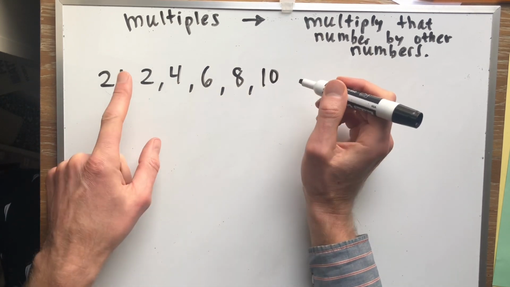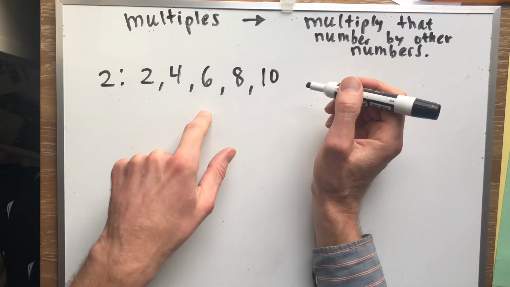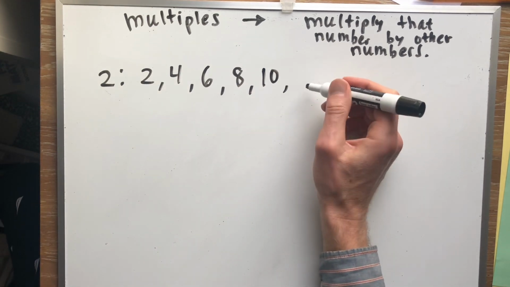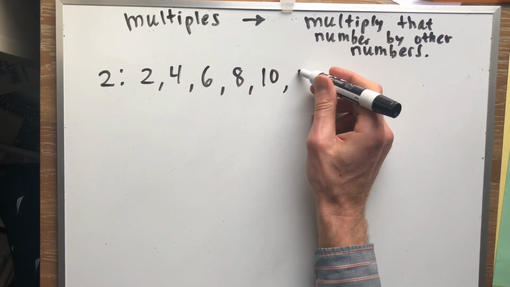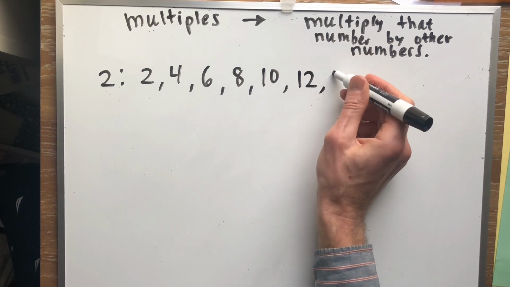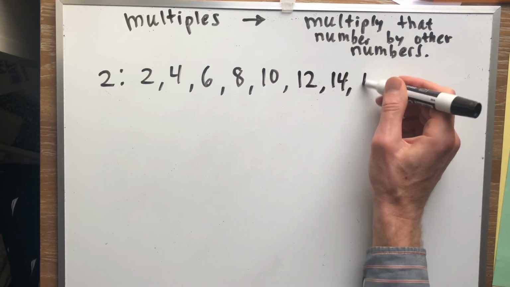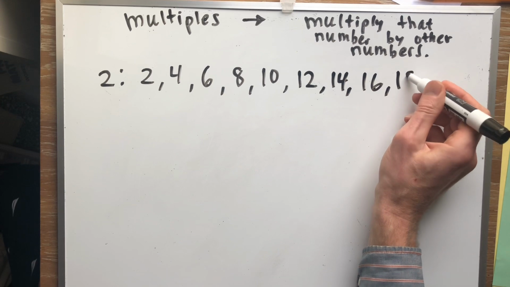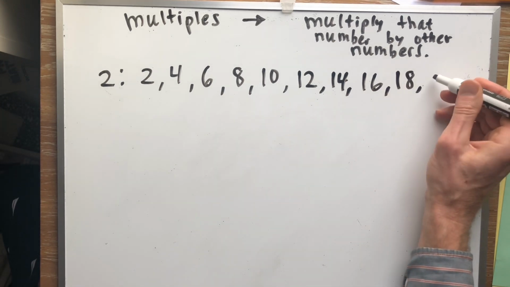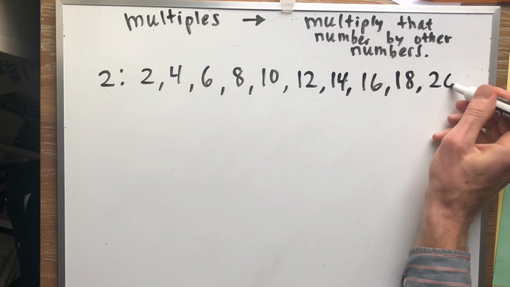Notice how we're just skip counting? We're counting by 2's: 2, 4, 6, 8, 10. What do you think is going to come next? 12, 14, 16, 18, and 20.